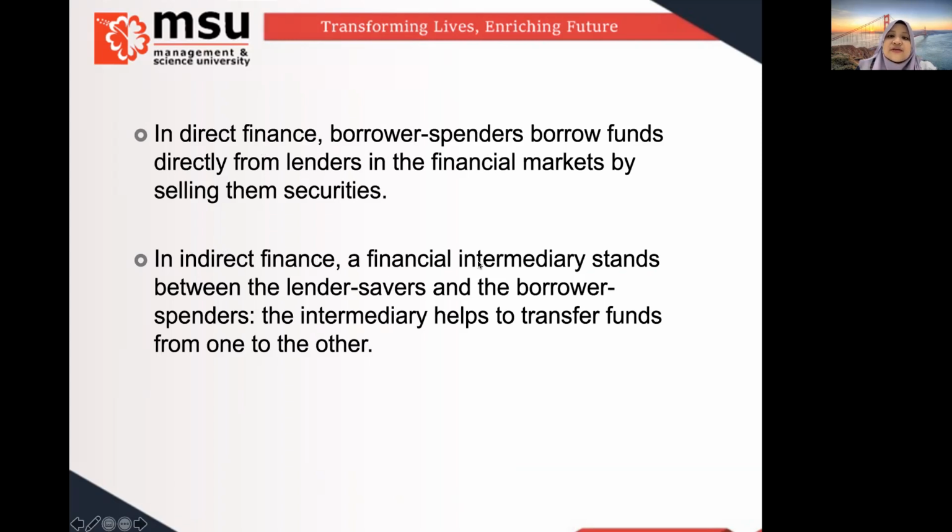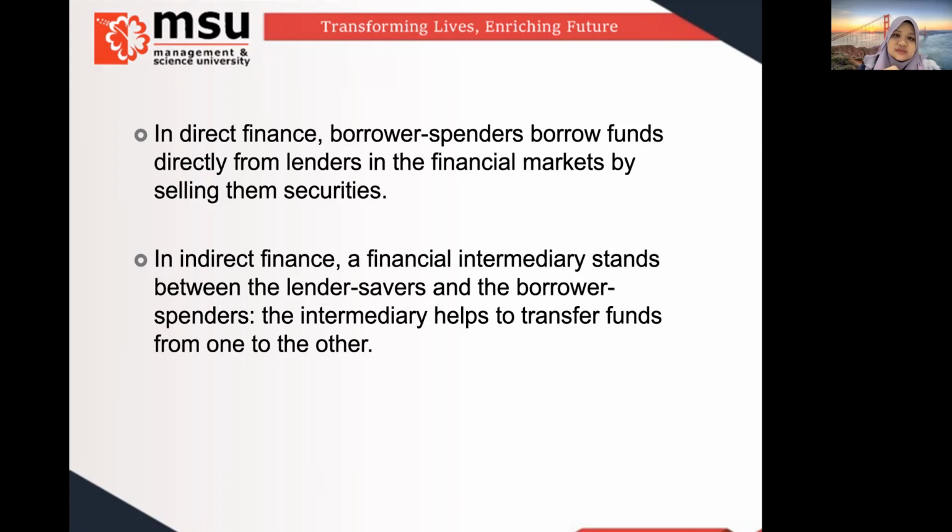Indirect finance: a financial intermediary stands between the lender-saver and the borrower-spender. The intermediary helps to transfer funds from one to another. Actually, the financial intermediary will decide how much it is appropriate to give to each borrower.